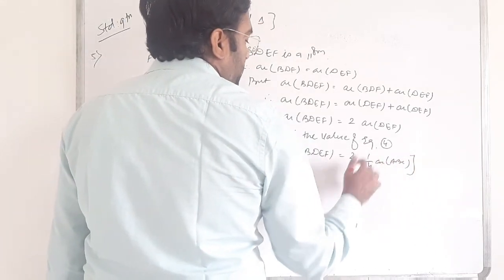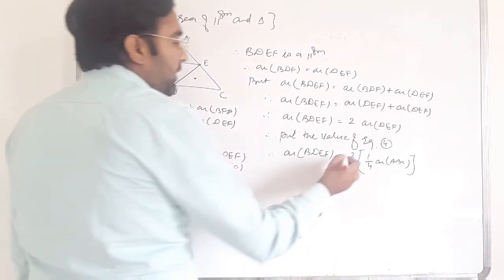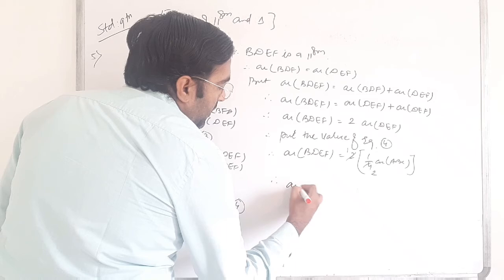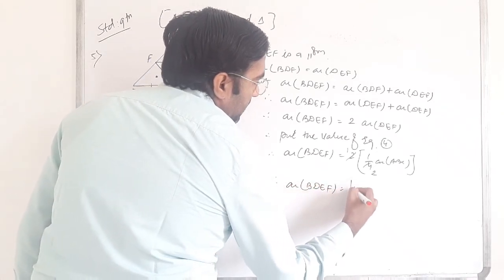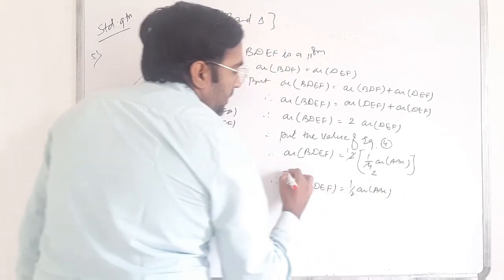Now 2 and 1/4 are in multiplication, so we can cancel. Therefore area of BDEF is equal to half of the area of ABC. Clear?